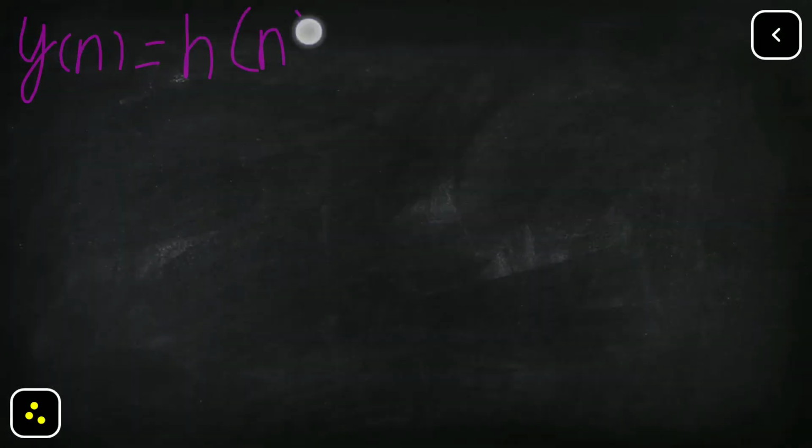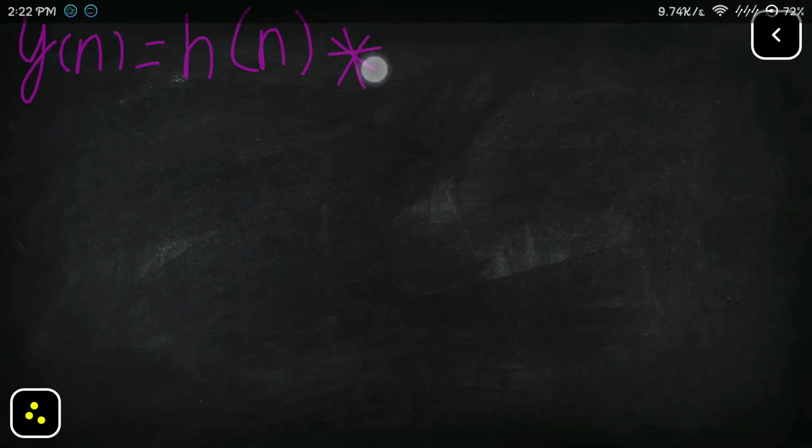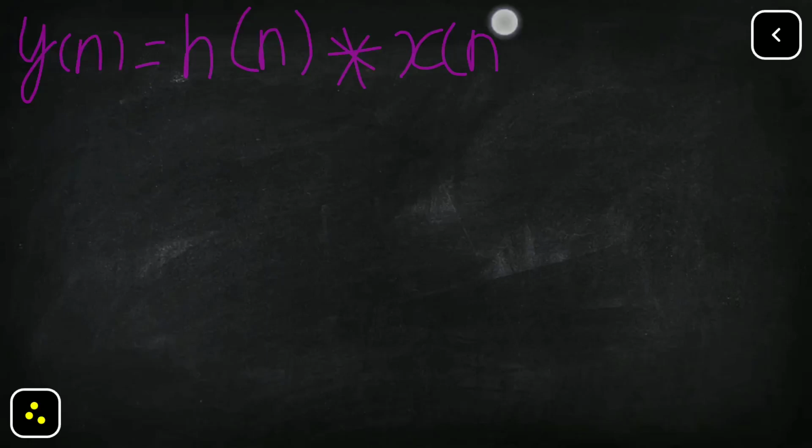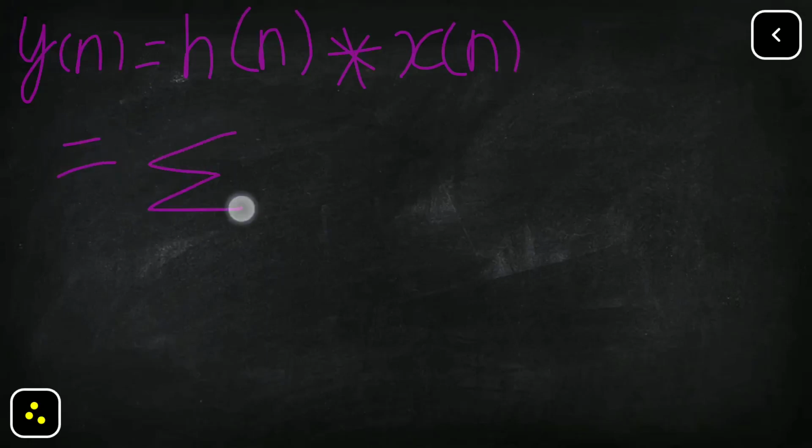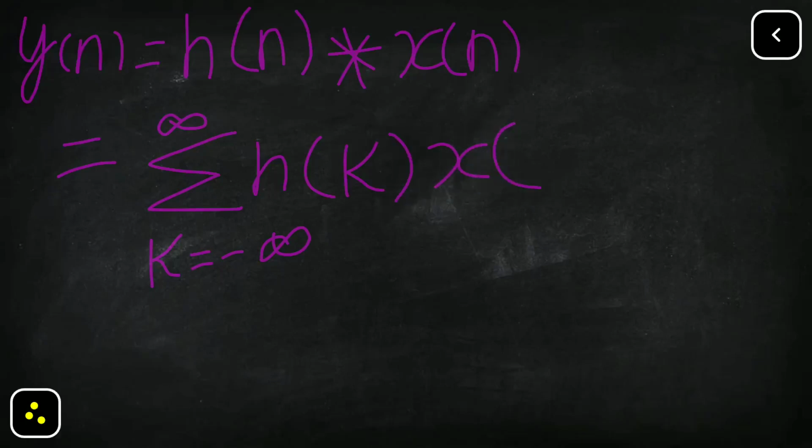When you apply x of n and h of n to the discrete time LTI system, the result you get is the summation of k equals minus infinity to infinity of h of k into x of n minus k, right? So this is what you are going to get.